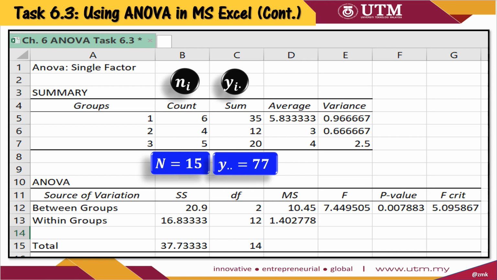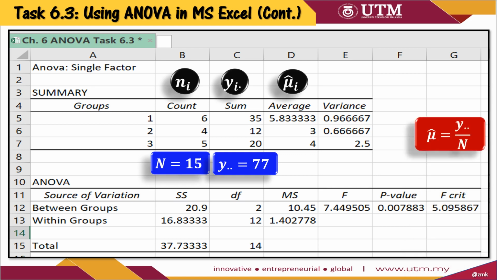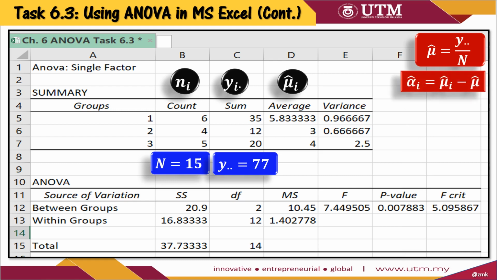The fourth column gives you the level average values, which are the estimated level means mu cap i. So, based on the information from the summary table, you can then estimate the grand mean and the level effects. The summary table also gives you the level variances in the last column.